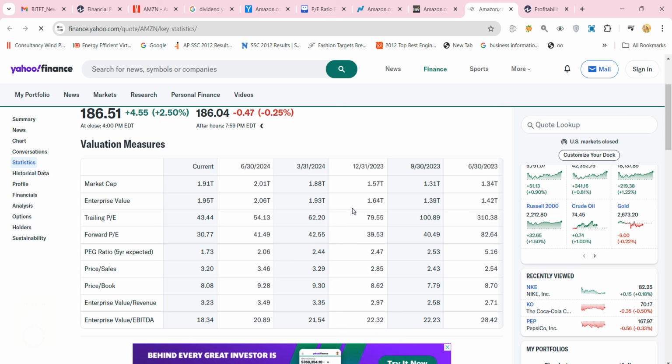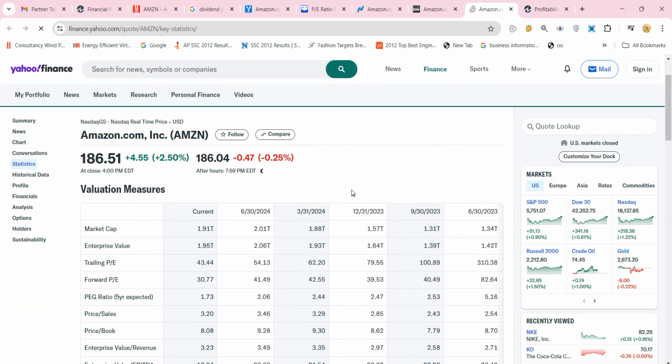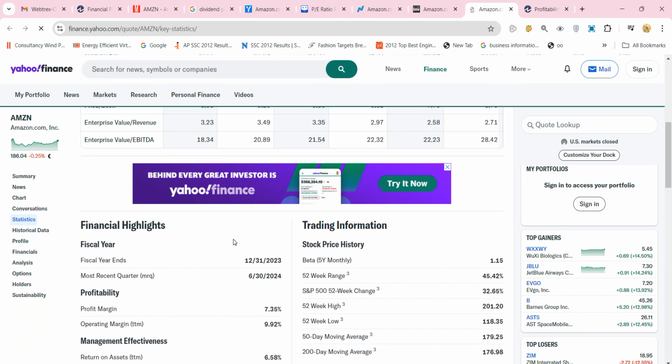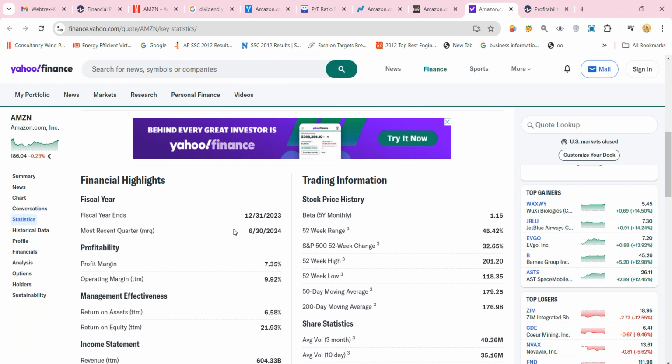This is generating some better values. P by E ratio, P by B ratio, everything is available here.